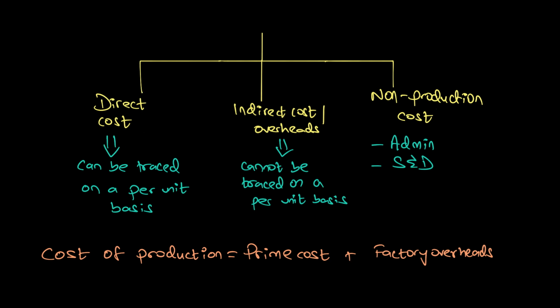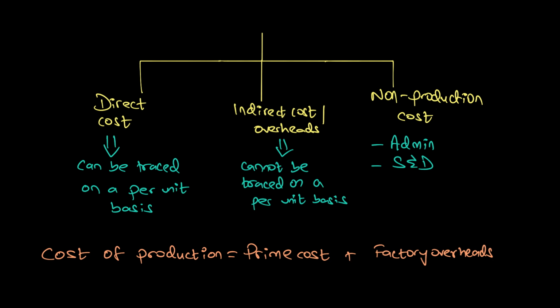Indirect costs or overheads were classified as those costs that cannot be traced on a per unit basis. These costs were usually paid lump sum. The cost of production that we saw at AS level stays the same, which is prime cost, the total of your direct cost plus factory overheads.